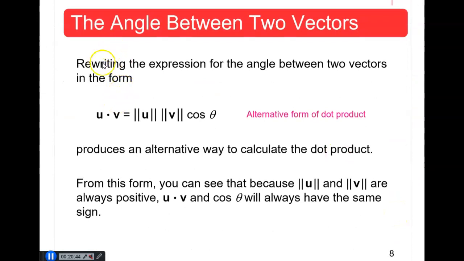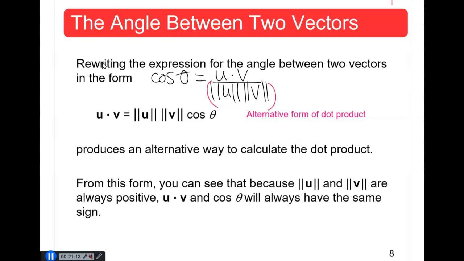Okay, so from the previous formula that we just used, the cosine of theta is equal to the dot product between u and v divided by the magnitude of u times the magnitude of v. From there, we could derive the next formula if we simply think of the product of the magnitudes dividing on the right side.